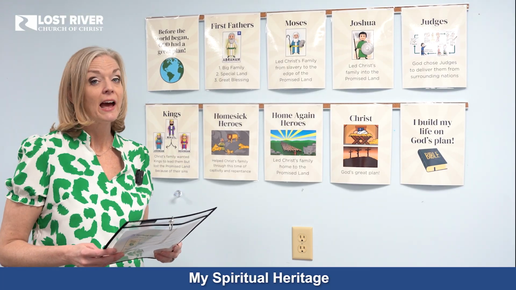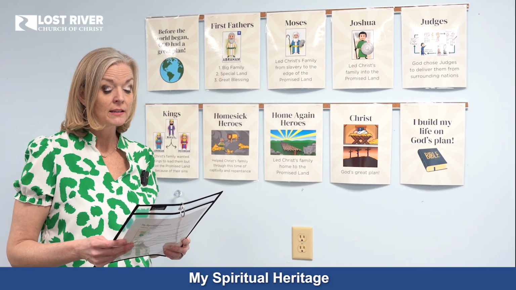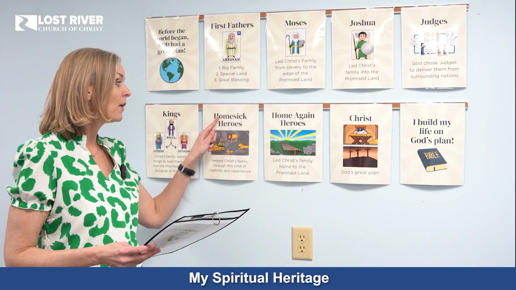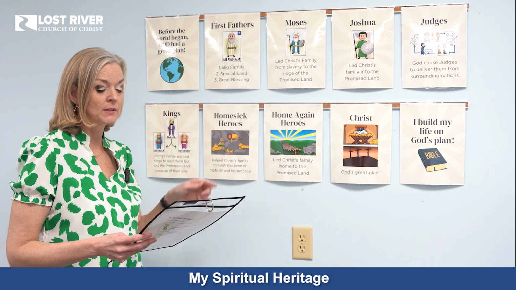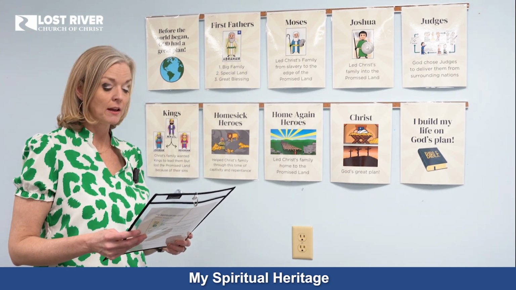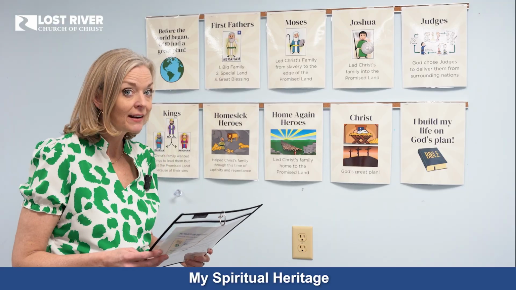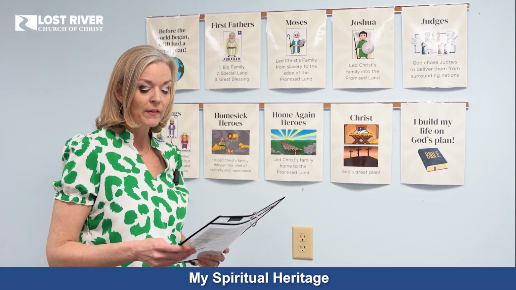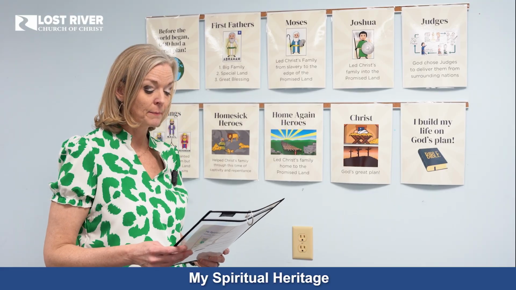Christ's family was now away from their special land and lived in Babylonian captivity. But brave, homesick heroes helped Christ's family through this time of captivity and repentance. Finally, home again heroes led Christ's family back to the Promised Land.